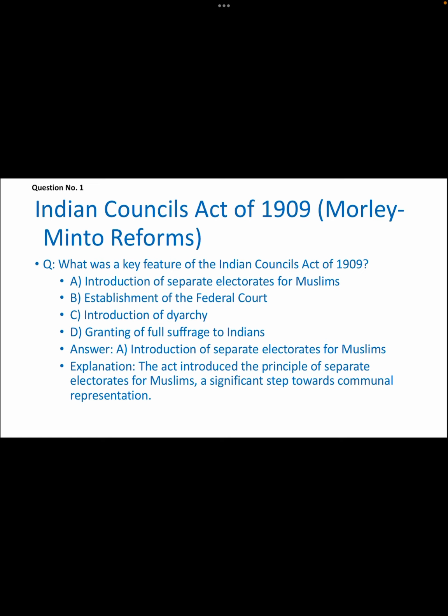The first question is based on the Indian Councils Act of 1909, which is also known as the Morley-Minto reforms. What are the key features of the Indian Councils Act of 1909? A. Introduction of separate electorates for Muslims.